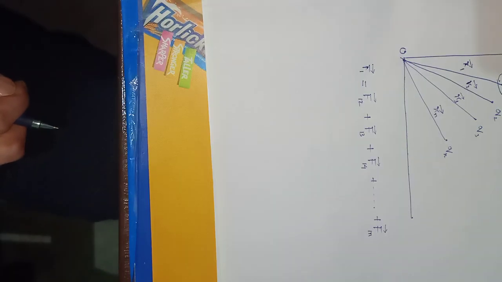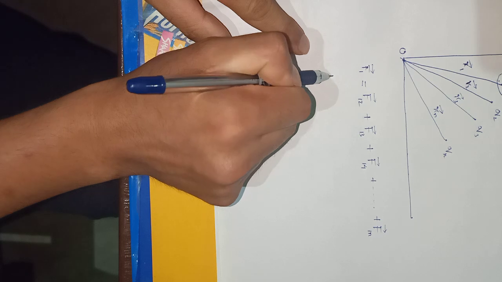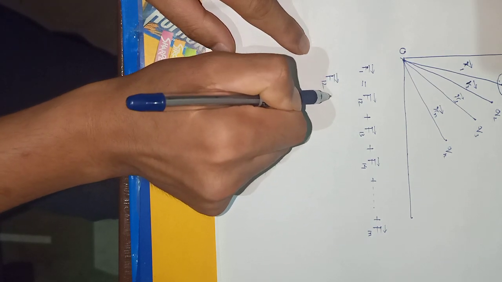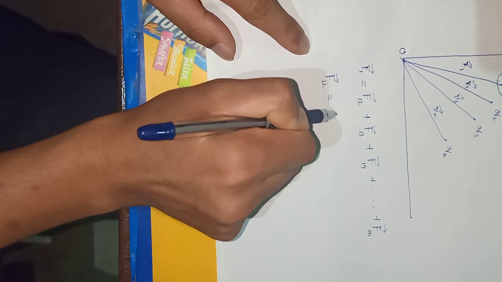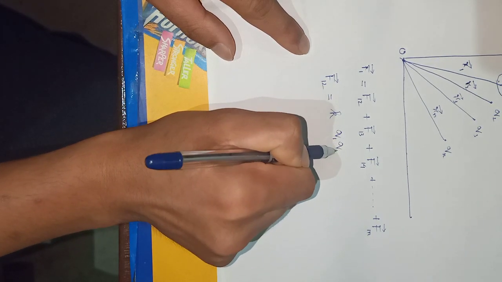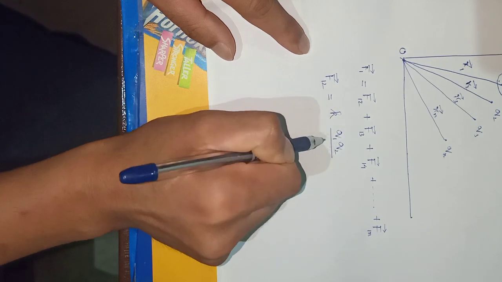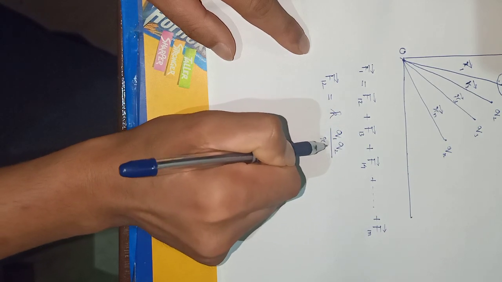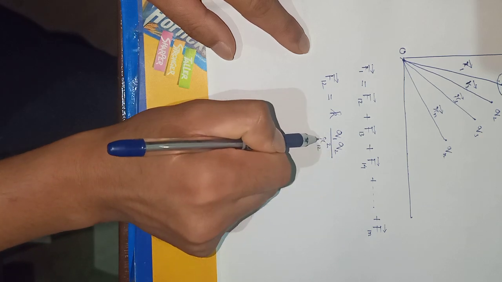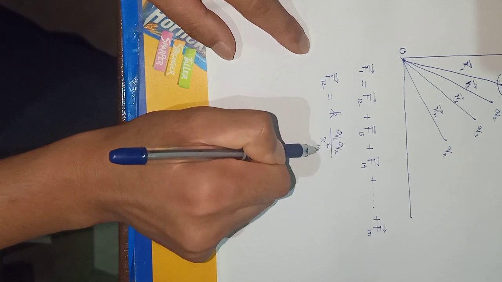Now, according to Coulomb's law, we know that F12, force on Q1 due to Q2, is given by K Q1 Q2 by R12 square, where R12 is the distance between the charges Q1 and Q2.